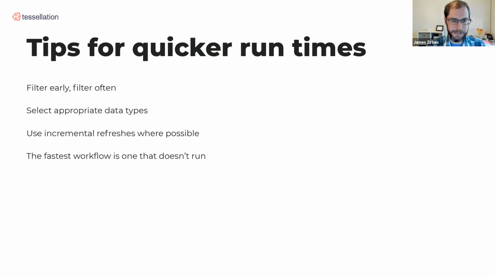So the next tip that I have is that the fastest workflow is the one that doesn't run, because it doesn't have to run. If you run into situations where something needs to refresh frequently, let's say you've got intraday operational reports that are used multiple times throughout the day, and maybe they're refreshed on an hourly basis, but there's no new data, then maybe you don't need to run it.